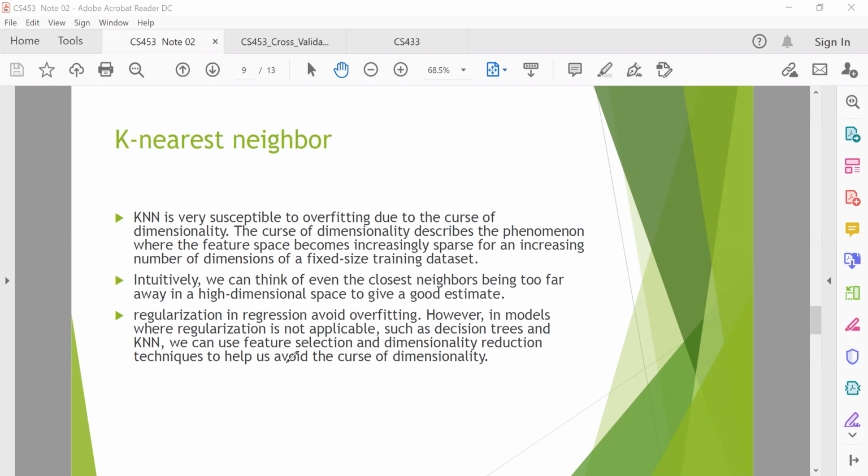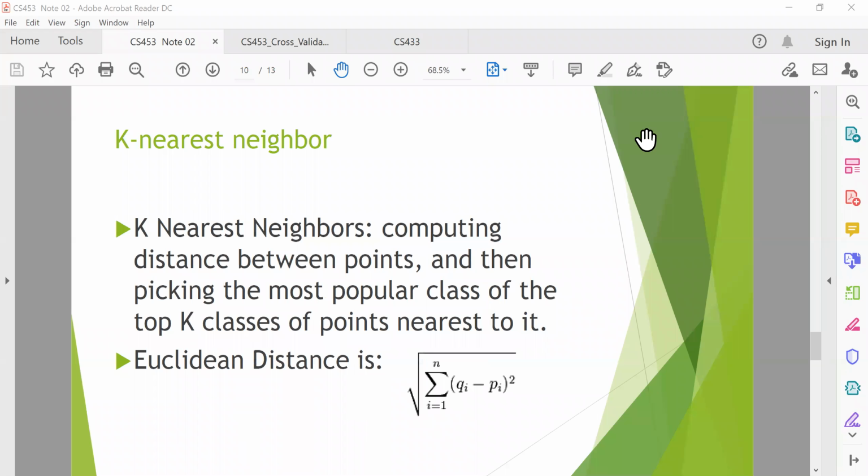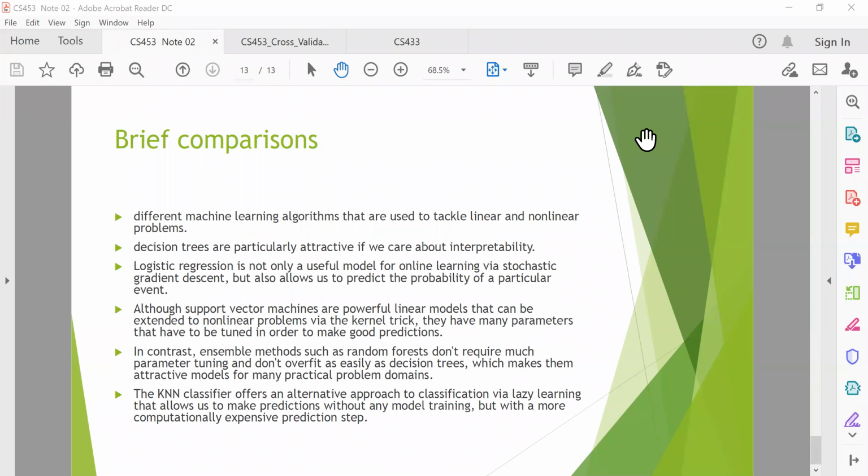And over here we also see feature selection and dimensionality reduction also play a role. This is just a repeat of the previous slide.